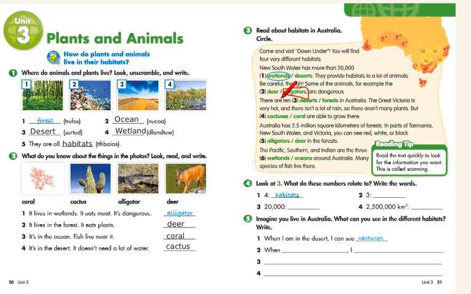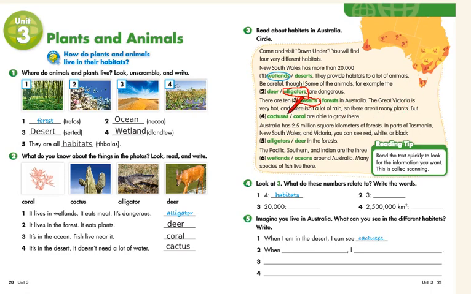Okay. There are 10 deserts or forests in Australia. Okay, deserts. There are 10 deserts. In Australia, the Great Victoria is very hot and there isn't a lot of rain, so there aren't many plants.